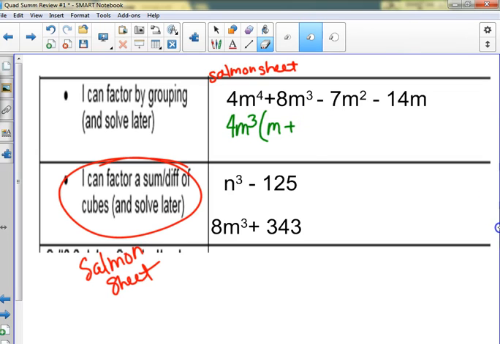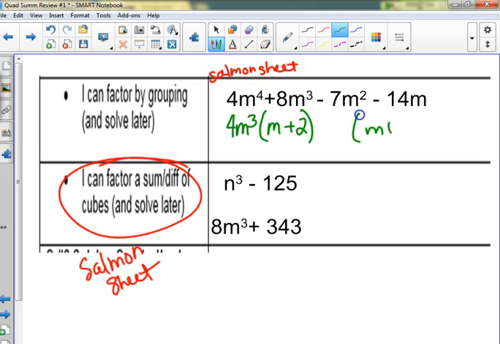Okay. Oh, no, I'm using my eraser to write. Okay. When you do grouping, you really need this second one to turn out the same, if at all possible. That's the whole point of grouping. Okay? So what could I take out of these 2 that would leave me an m plus 2? Okay, a 7 and an m, a positive 7m.